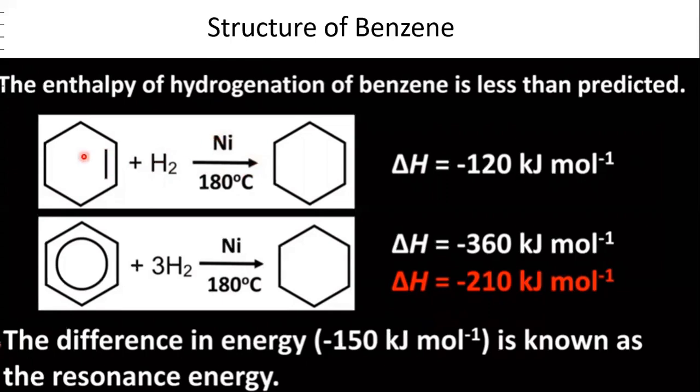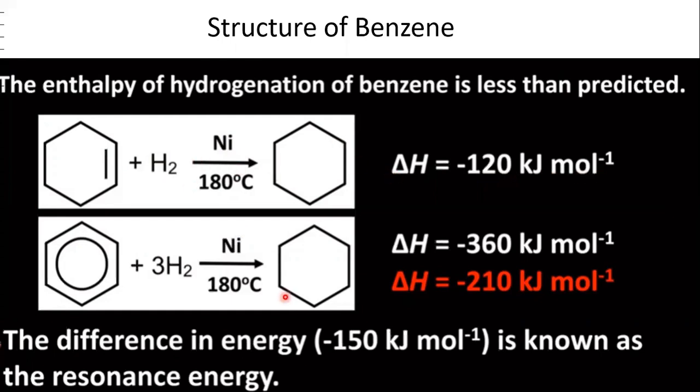So cyclohexene along with H2 in the presence of nickel as a catalyst, at high temperature, that is at 180 degrees Celsius, and at high pressure, gives the formation of cyclohexane. Now this reaction has an enthalpy of minus 120 kilojoule per mole.